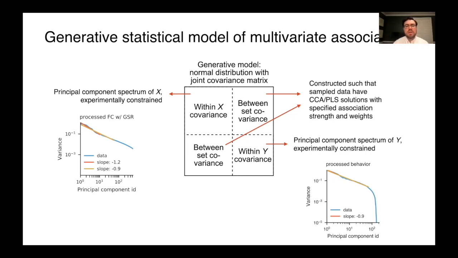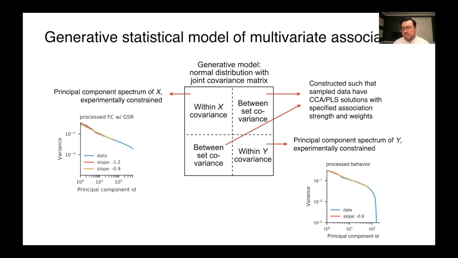In other words, we can set this covariance such that the sample data have CCA or PLS solutions with specified association strengths and weights that we can control. And therefore, we know the ground truth of, in the limit of infinite data, how strong is the association between brain and behavior data, and what weights, what features mediate those relationships.